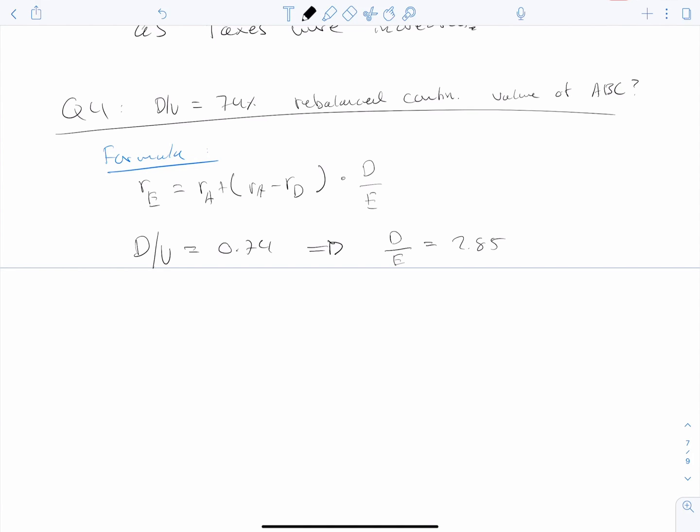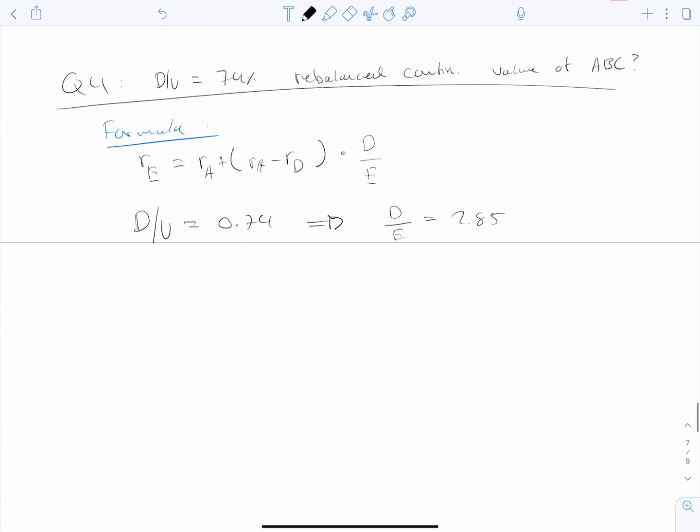Good. So with all of this, we can calculate our return on equity, we have all the numbers that we need. We know that the return on assets is 8%, right? And we can just plug this in, and say 8% minus 2% times 2.85, right?